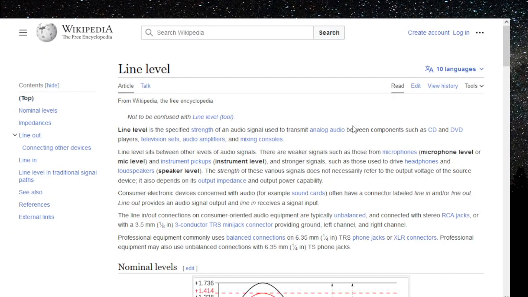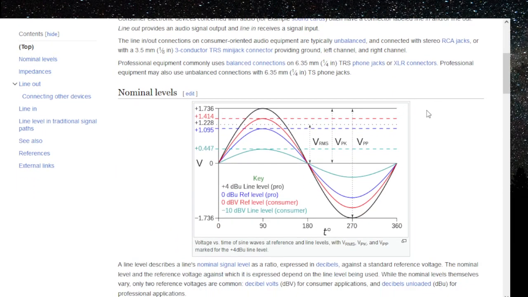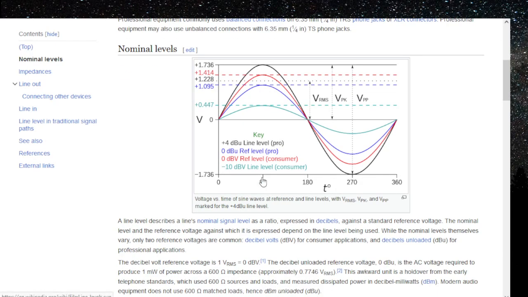Okay, so we're looking at this. Black is the line level for Pro. 0 dBu reference level for Pro is the blue line. 0 dB reference level for consumer is the red line, which is 1.414. That's peak voltage.